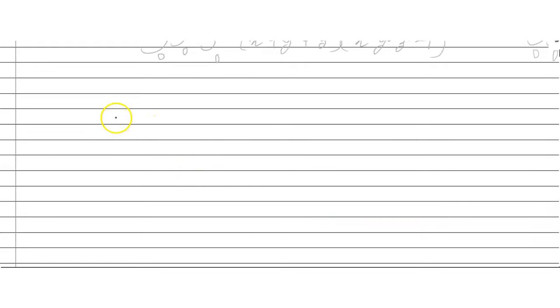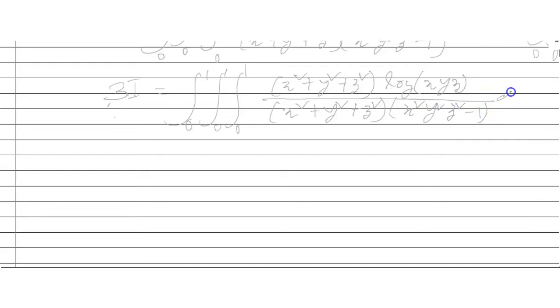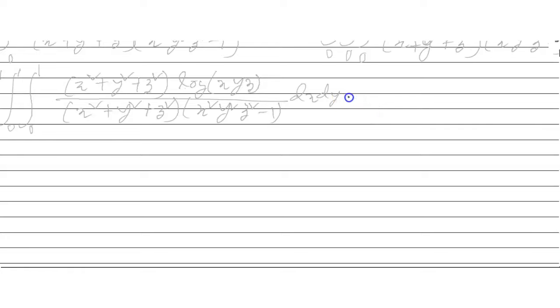So what I get if I add 3I using the symmetric property: 0 to 1, 0 to 1 and 0 to 1, I get (x square plus y square plus z square) log xyz, divided by (x square plus y square plus z square) into (x square y square z square minus 1), dx dy dz.